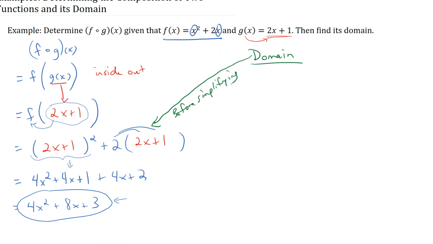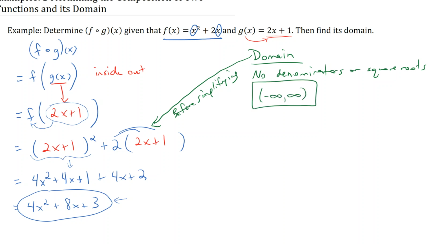So I look for things like denominators and square roots. There are no denominators or square roots or any calculations that present us any troubles here. So that means my domain is all real numbers, negative infinity to infinity, the entire number line. So that one is pretty simple as far as the domain goes.